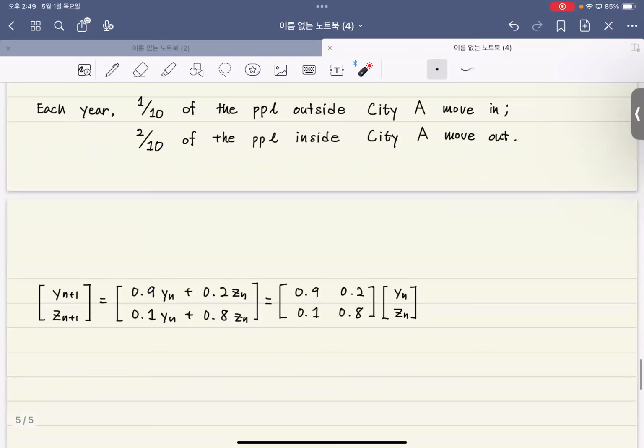Okay, so what is the solution of this? There's nothing to worry about. This is still a degree 1 difference equation, and you know how to find the solution.